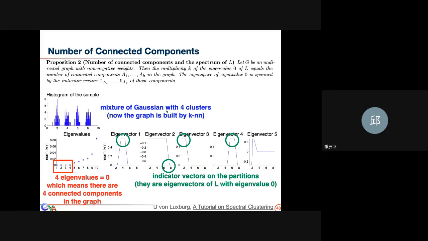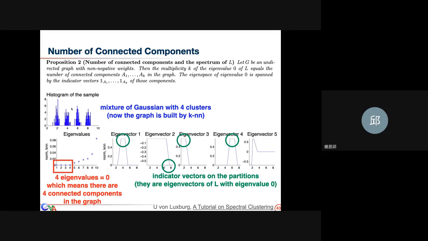Maybe I should say it again. You will not have the situation where you connect 2 data points with, for example, value 4 and value 8, because there's no chance for them to be the k-nearest neighbor of each other, right?